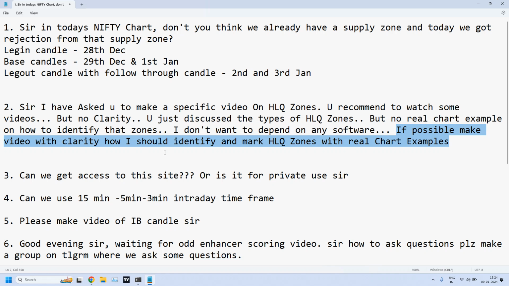Because some people said, I can't trade during intraday. I will buy today and sell after 1 week, or after 1 month. Some people have their own issues, so they are not going for intraday trading.